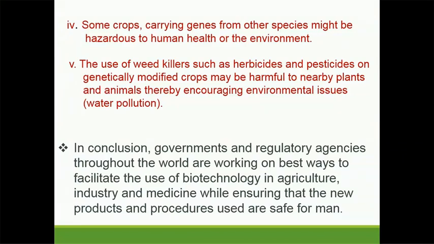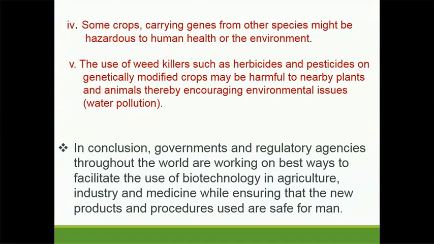And lastly, the use of weed killers such as herbicides and pesticides on genetically modified crops. It will not harm them. The crops may not be harmed, but it might be harmful to nearby plants and animals, thereby causing or encouraging environmental issues such as water pollution, air pollution, and eating residuals of these herbicides in these plants, quite harmful.